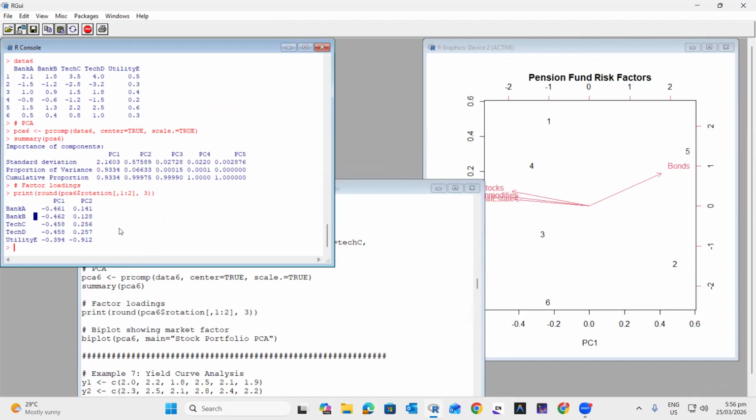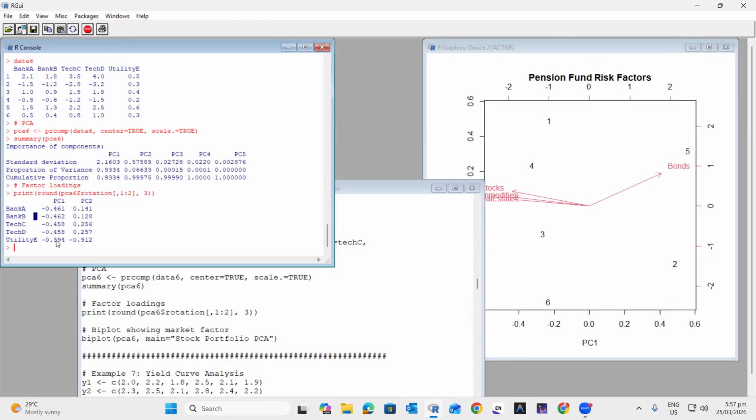These are the loadings of the principal components. PC1 loadings are all negative, nearly equal to 0.46 for the first four, while utility is slightly smaller. So PC1 is essentially the average return of all stocks with a negative sign, and it represents the market factor.